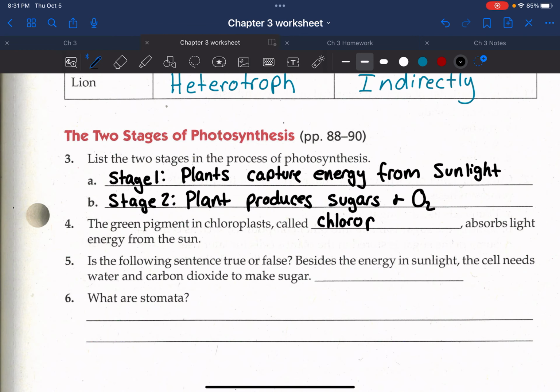PHYLL. Woohoo. Chlorophyll. Chlorophyll is inside the chloroplast. The chloroplasts are green with the pigments, and that's what makes the sun's energy absorb into it.